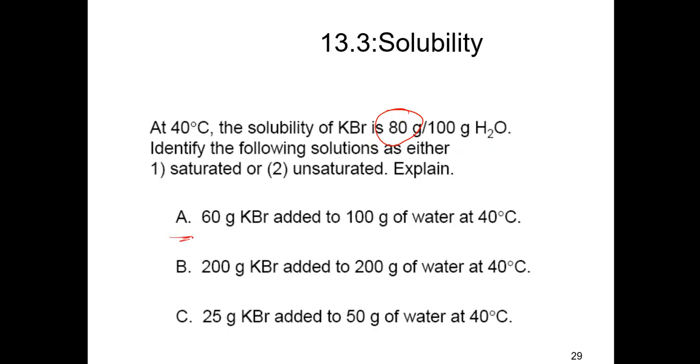So for part A, if I only put in 60 grams, then that's going to be unsaturated. So this is a ratio, and we can apply the ratio for the next one. If I double this, it's 160 over 200. If I have more than 160, then it's going to be saturated. So part B is going to be saturated.